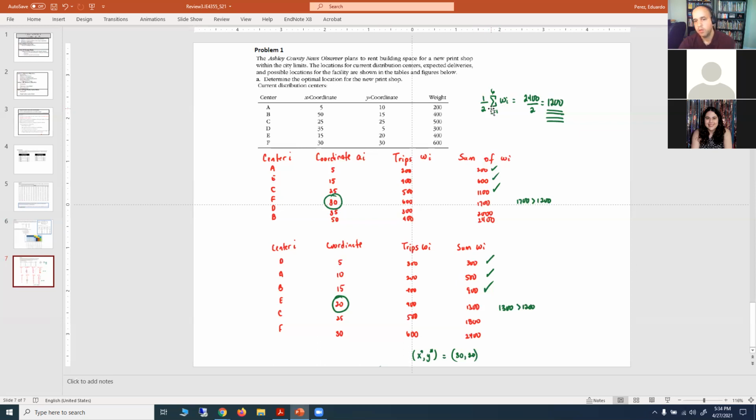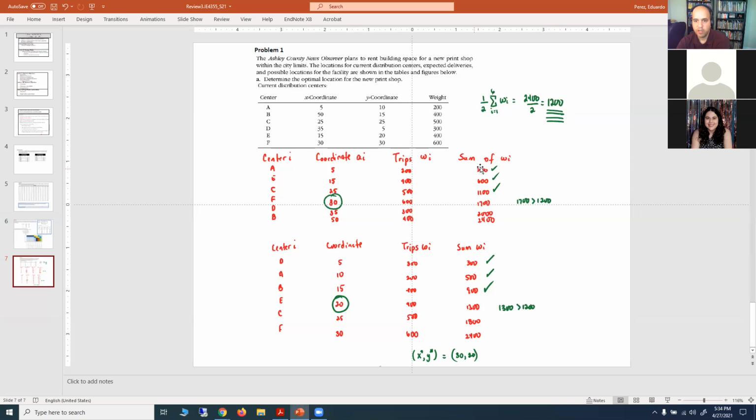It's going to be 1/2 times the summation of the WIs. So we're going to sum the WIs, the weights, and we're going to divide that by 2. In this case, that's 1200. So this is going to be our cutoff point, 1200.